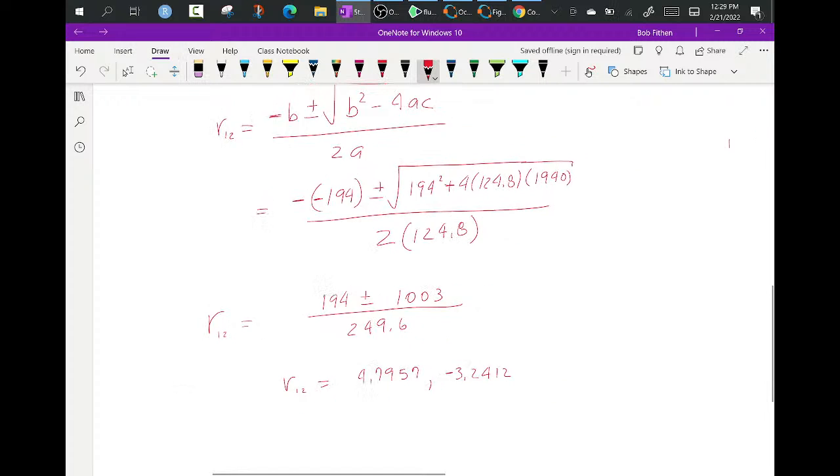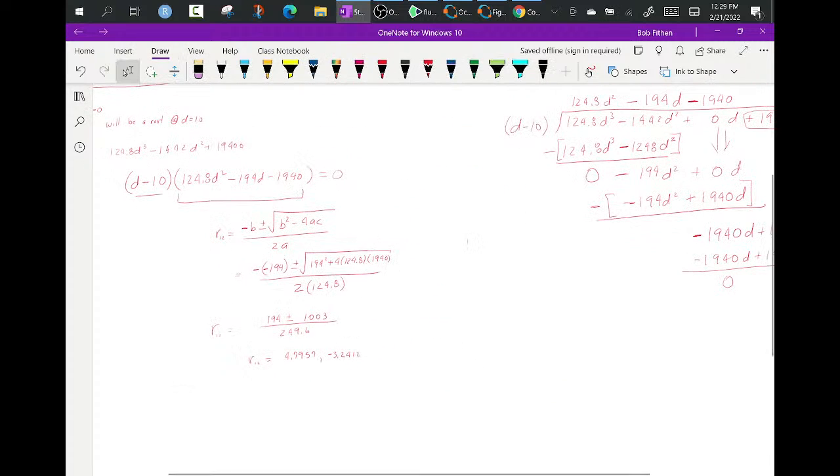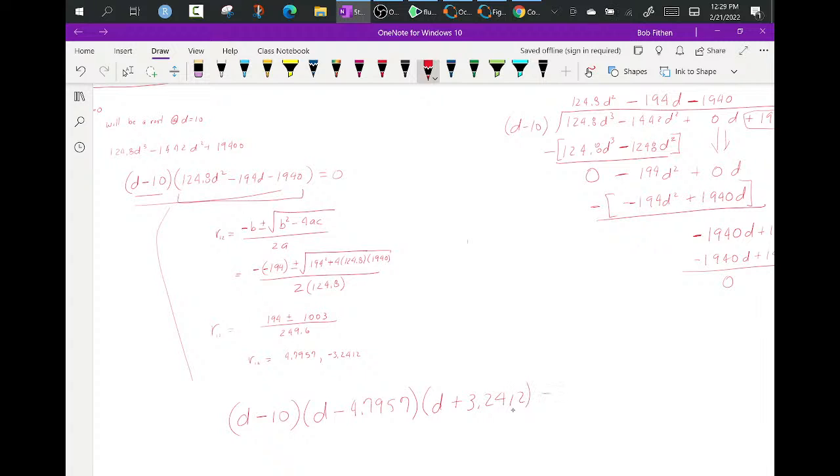So let's get this equation up here and rewrite it. I have d minus 10, d minus 4.7957, and d plus 3.2412 is equal to 0.